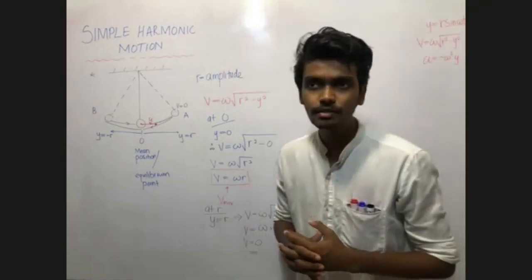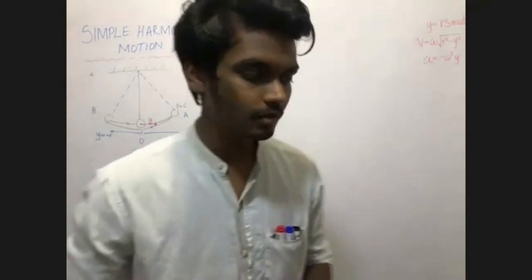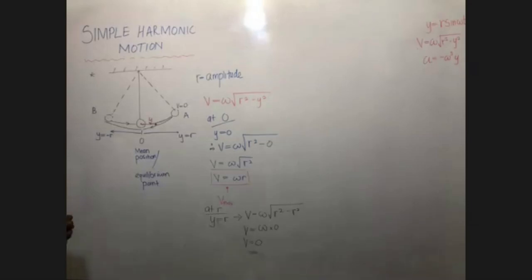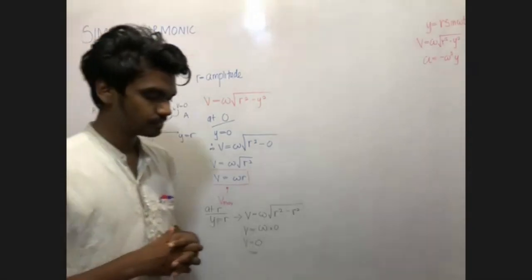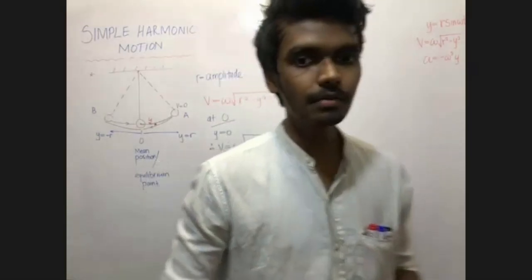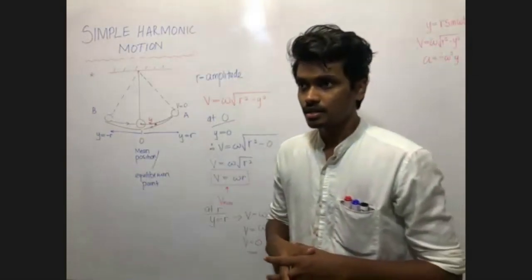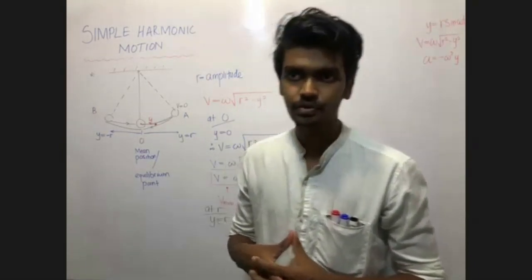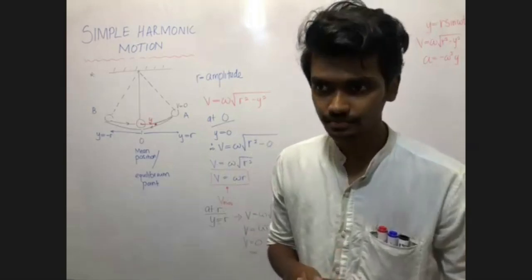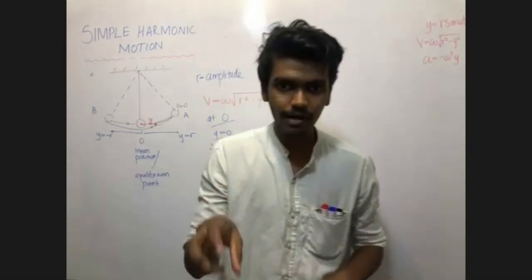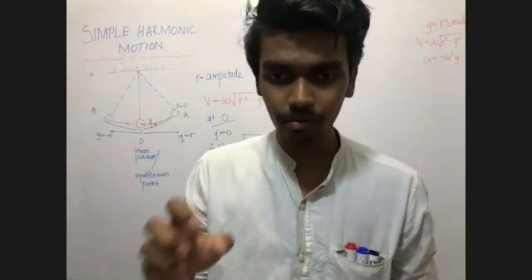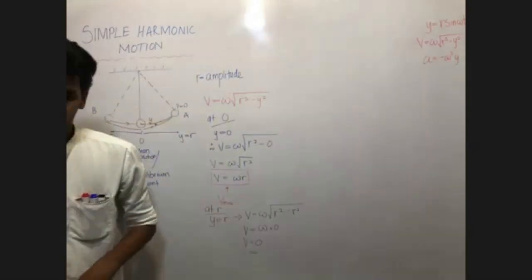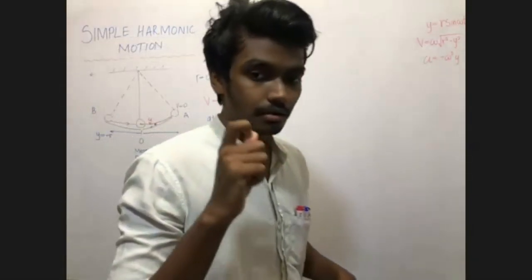When a simple harmonic motion is considered, the maximum velocity of the particle will be given at the mean position.